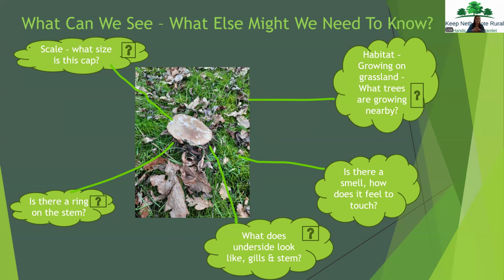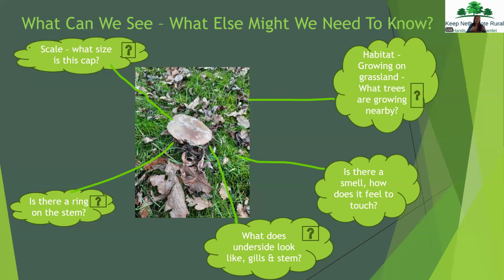How big is it? Because we can't really tell that. We've got some leaves in the vicinity that may help us, but really a ruler next to it would be the ideal, so we know exactly the diameter of this cap.